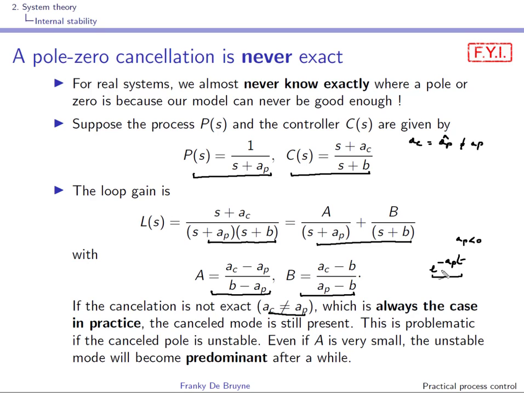And this means, of course, that since the pole zero cancellation is never exact, even transfer functions like PC over 1 plus PC will also be unstable.